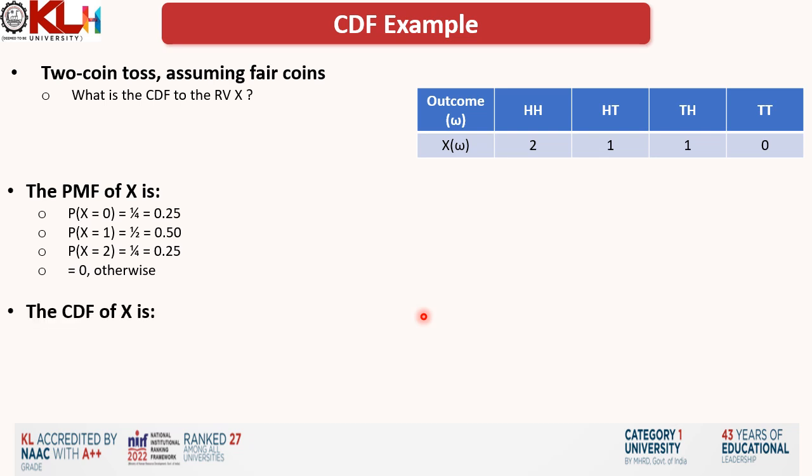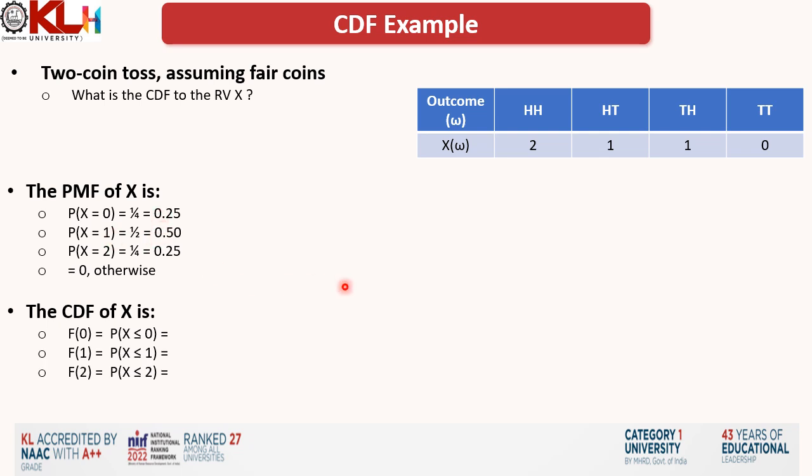And the CDF of X, let's calculate that. So F of 0 is probability of capital X less than or equal to 0. The only possible value is 0, so it's going to be 0.25. F of 1 is probability that the random variable takes values less than or equal to 1, which will be probability of X equal to 1 and probability of X equal to 0. So we combine these two.